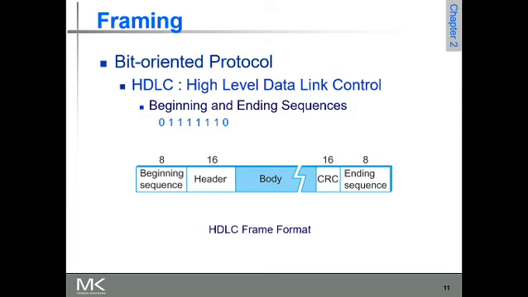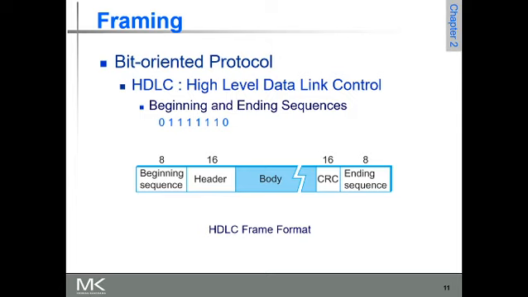Suppose the starting sequence is 01111110, that we know. The ending sequence is 01111110. Suppose anywhere in the body, this sequence 01111110 is data. Actually, it is not the ending sequence. Suppose data is coming in the form of 01111110.